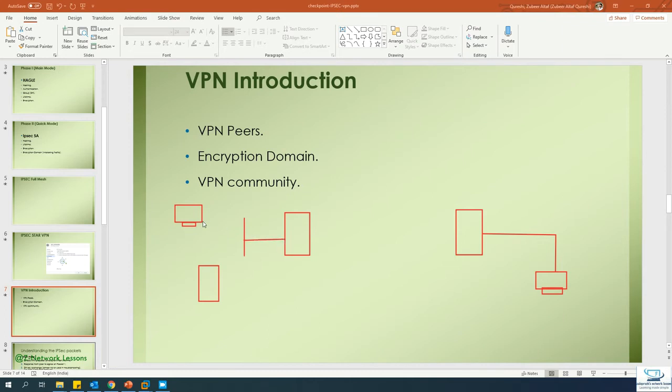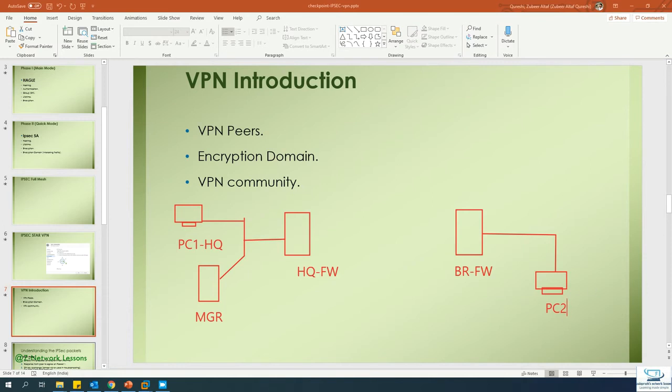This is connected to my firewall, this is connected to my PC, and this is connected to my manager. So let me quickly write down: this is my PC1 at HQ, this is my manager MGR, this is my HQ firewall, HQ FW, and this is my branch firewall BR FW, and this is my PC2.